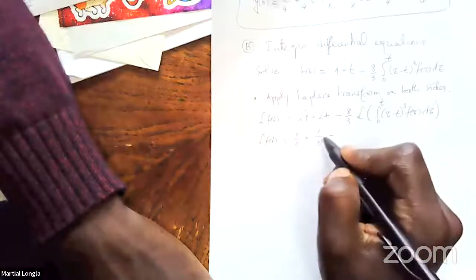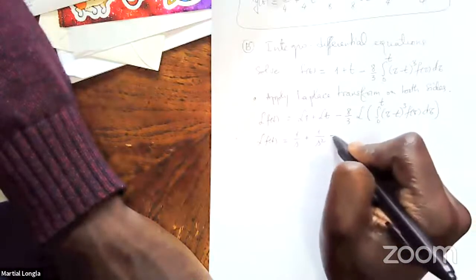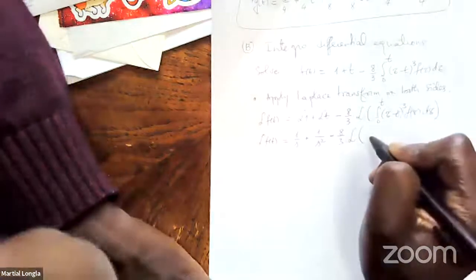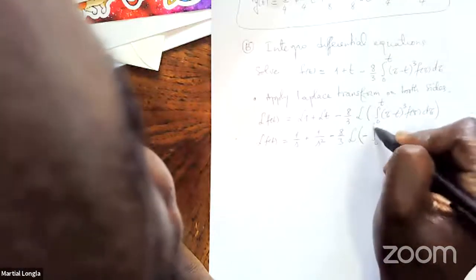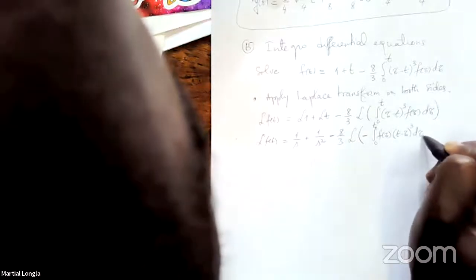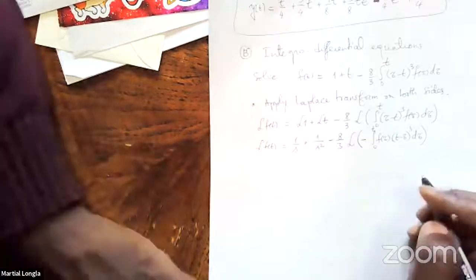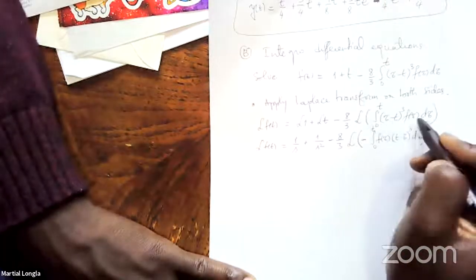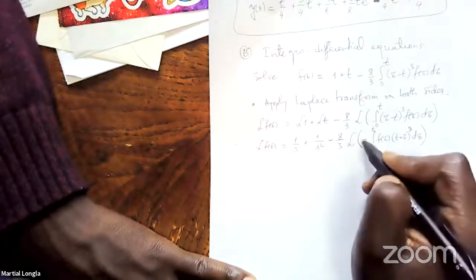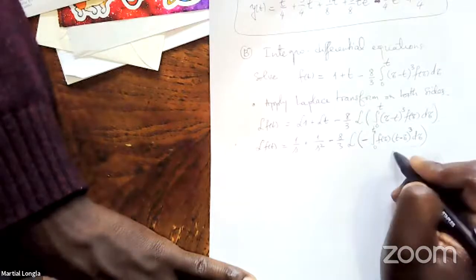And here you've got to be very careful. So minus 8/3 Laplace transform, and this here is nothing but negative integral from 0 to t f of tau (t minus tau)^3 d tau. And you make sure you see clearly what is where, because the way it's written, this is not a convolution, but once you put it this way, removing the minus from the cube to put out here, now this is a convolution.